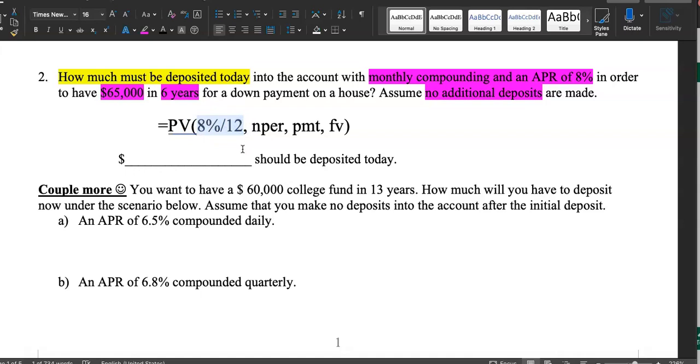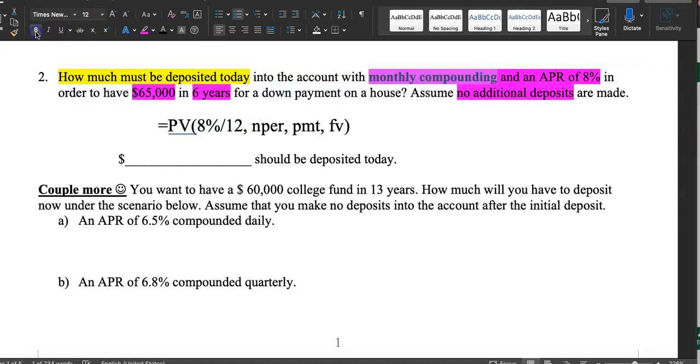When you have daily compounding, you divide by 365. For quarterly, you will divide by 4. So these are the key, and you have to be very careful. For monthly compounding, I'm going to divide by 12. So 8% divided by 12 is the rate. What about nper? Now listen, if you type in 6, it's going to be incorrect. It's 6 years, but we're getting monthly compounding.